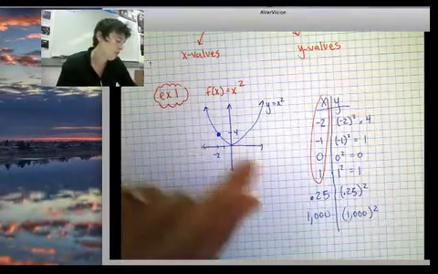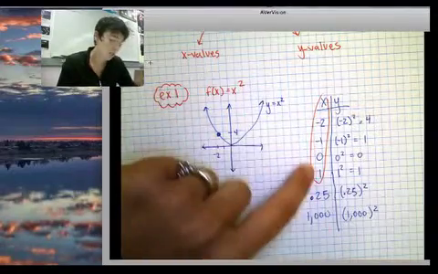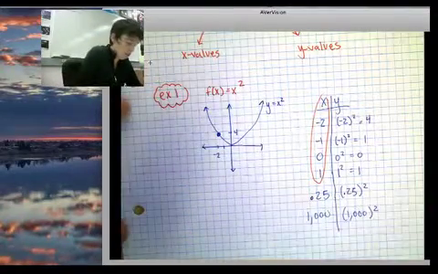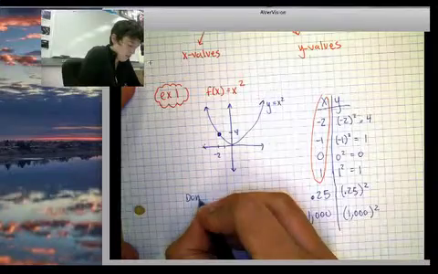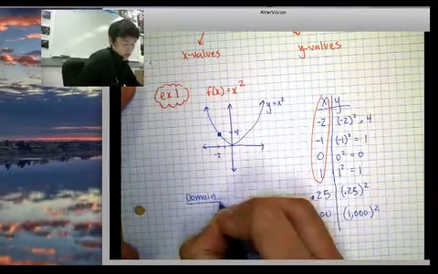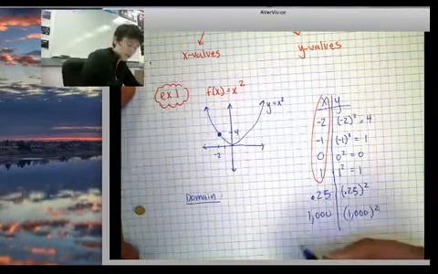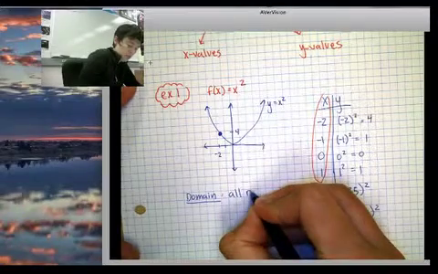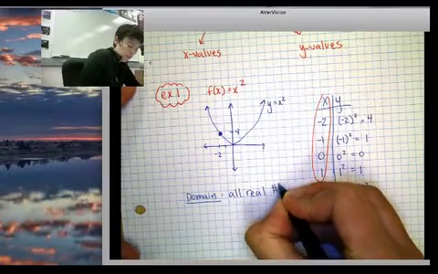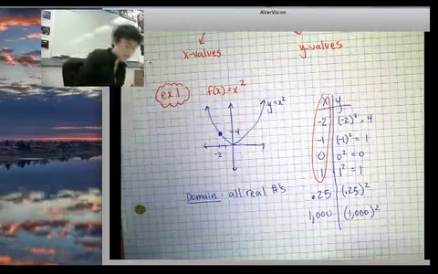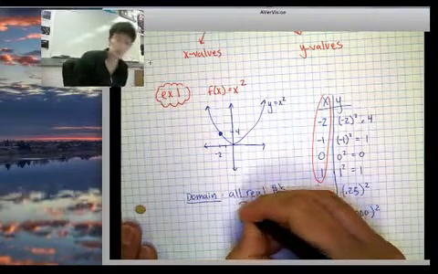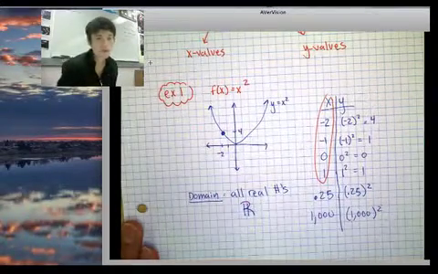So if I had to describe the domain, I'd say, since I can put all numbers in, the domain is all real numbers. Domain is going to be called all real numbers. And we say all real numbers just like this, or we use that symbol for all real numbers, which you guys have probably seen before.